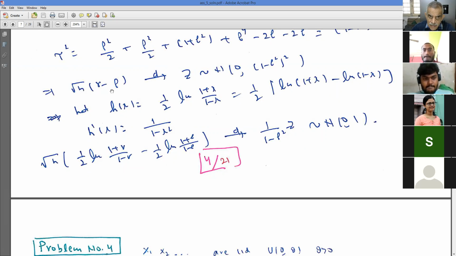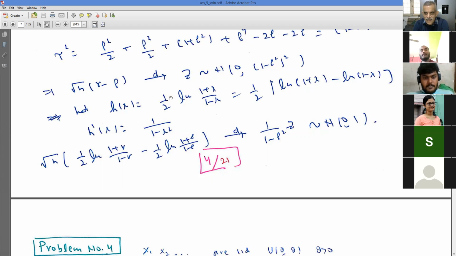Root n (h(r) minus h(rho)) will go in distribution to h prime rho times Z. But h prime rho times Z will have distribution normal 0, (h prime rho) whole square into (1 minus rho square) whole square. Now you want (h prime rho) whole square into (1 minus rho square) whole square to be a constant. And that is how you get this transformation. Is that okay?